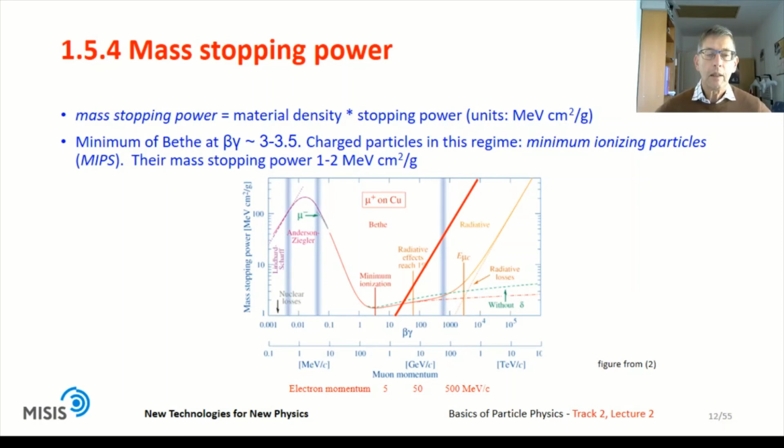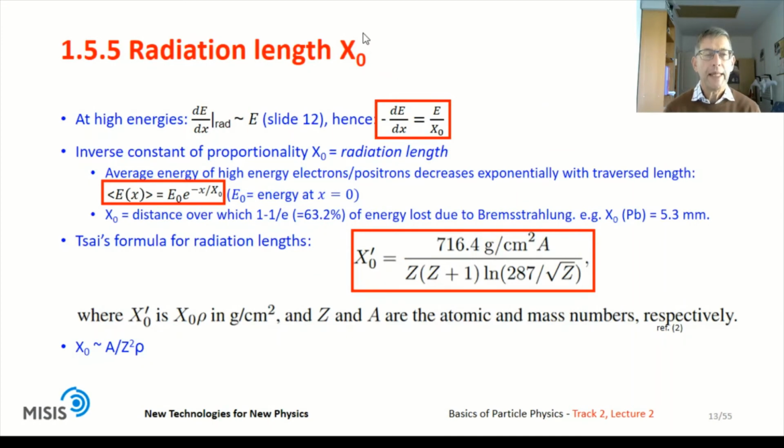The red line contains the radiative losses of electrons, and you can see this is important for much lower energies. The radiation length, x0, is a quantity which is important at higher energies. So this thing does not make sense in the Bethe-Bloch regime.